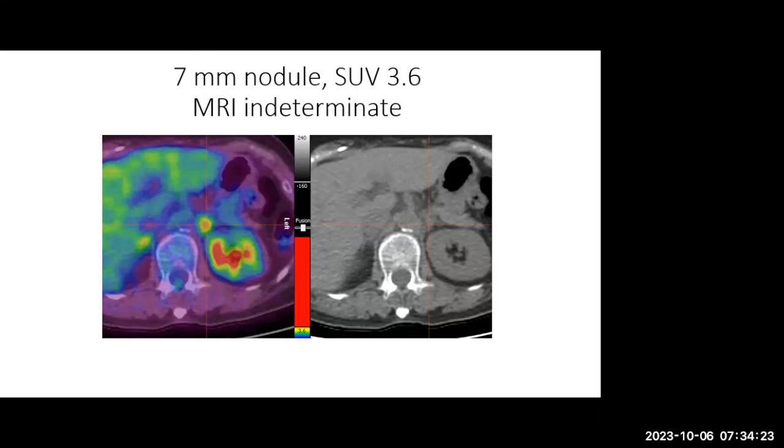But unfortunately, MRI was also indeterminate. The patient had a biopsy, and this particular case ended up being focal inflammation without malignant involvement. So I just want to show you how sometimes inflammation only could show increased uptake.